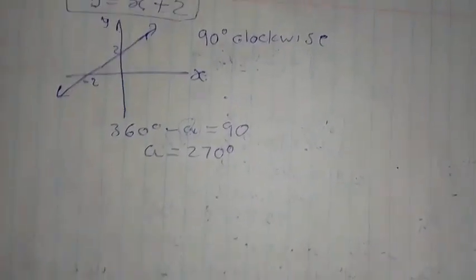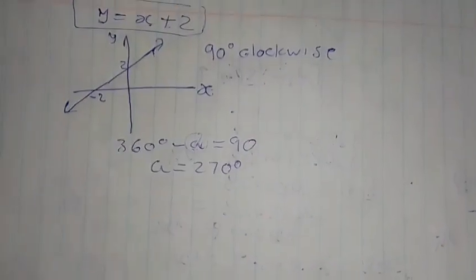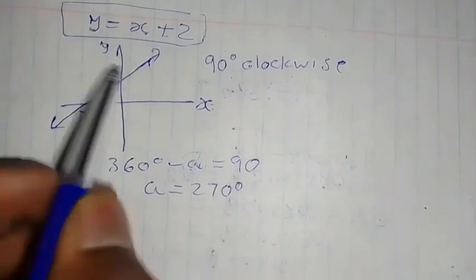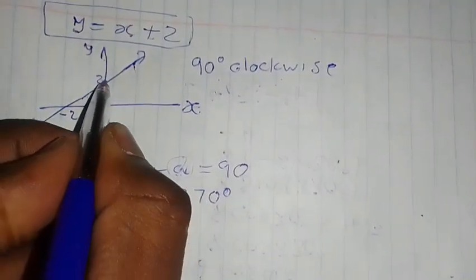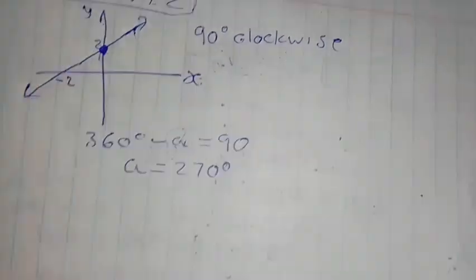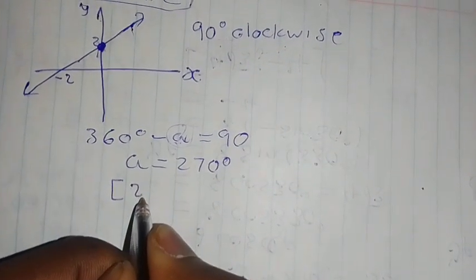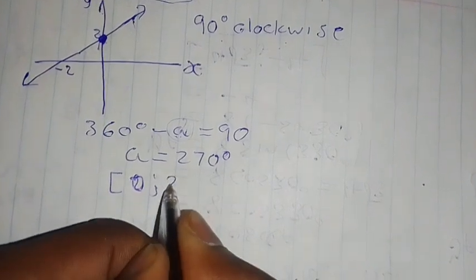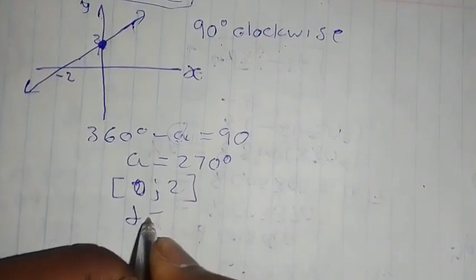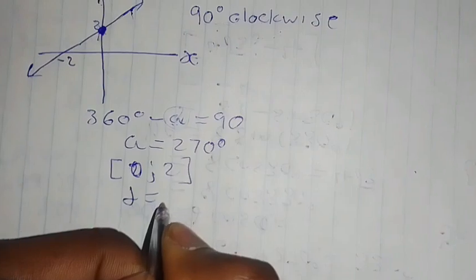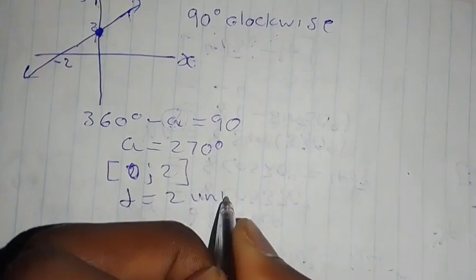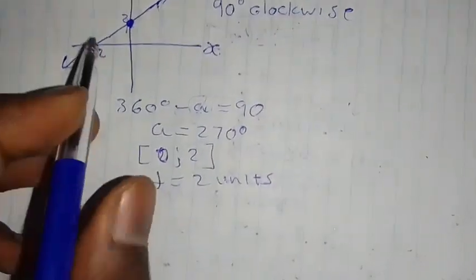So now you're going to pick any point on this function. I'm just going to pick this one here. So I have the point (0, 2), and the distance between this point and the origin is just going to be 2 units.